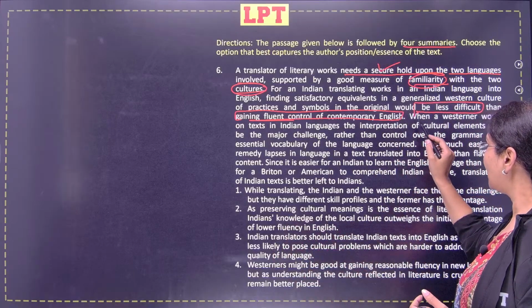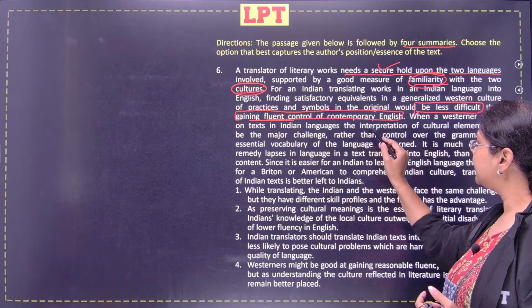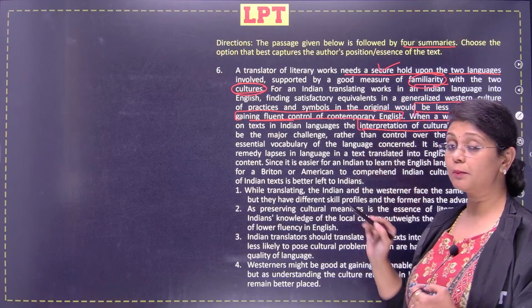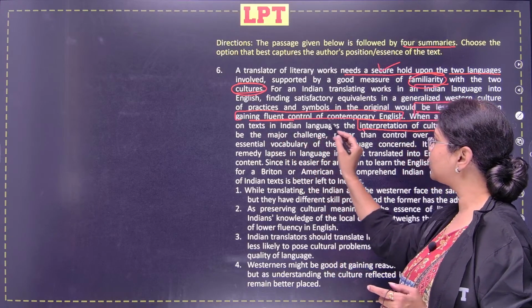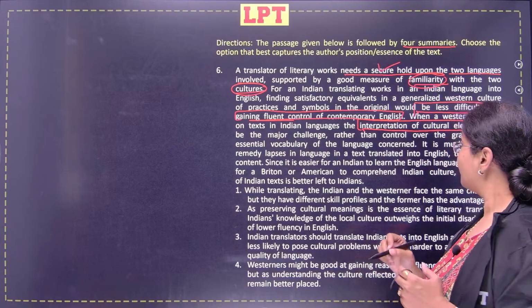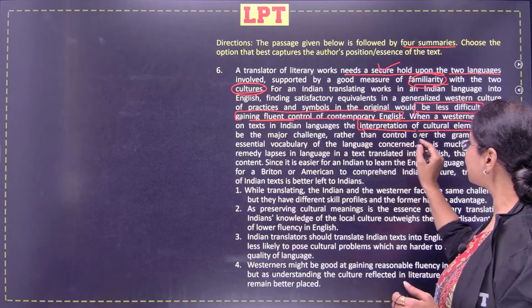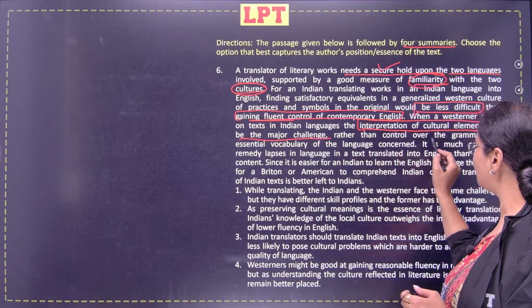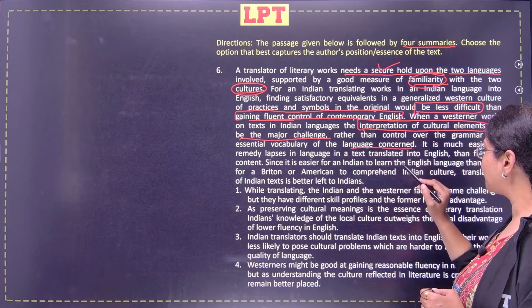All right. Now, when a Westerner works on text in Indian languages, the interpretation of cultural elements will be the major challenge. So for an Indian, it was gaining fluent control of contemporary English. For somebody who is a Westerner, it says that interpretation of cultural elements will be the major challenge rather than control over the grammar and essential vocabulary of the language concerned.